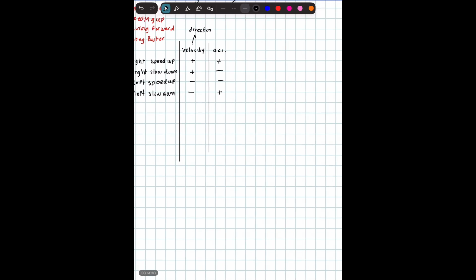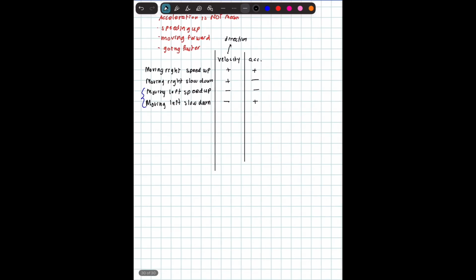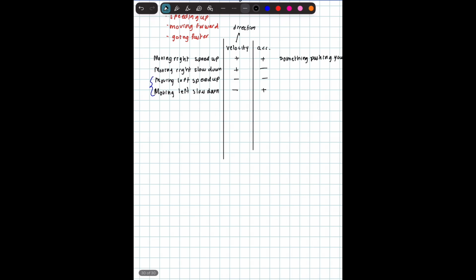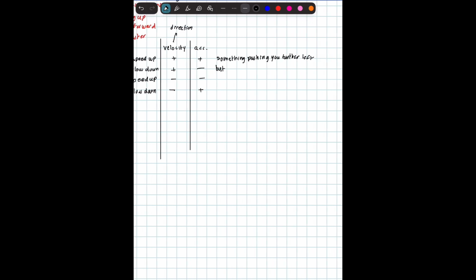But first, let's write. So again, you're moving right, and then something is pushing you further left. Here, you're moving right, but something like friction is pulling you left.